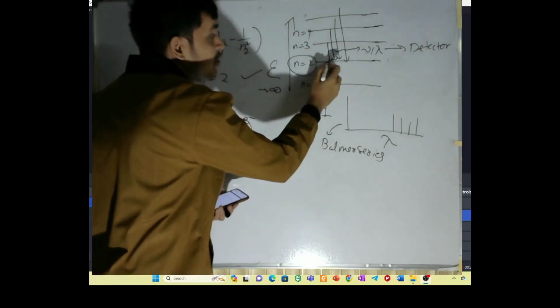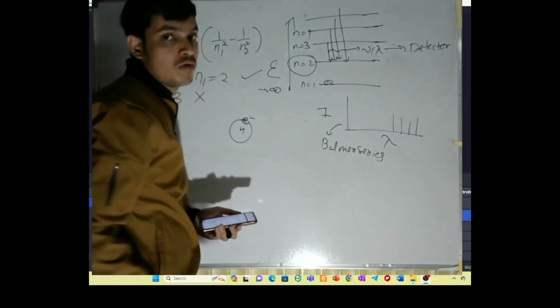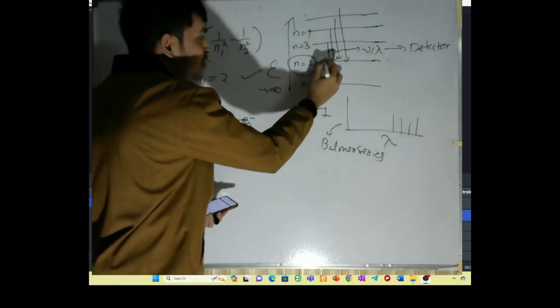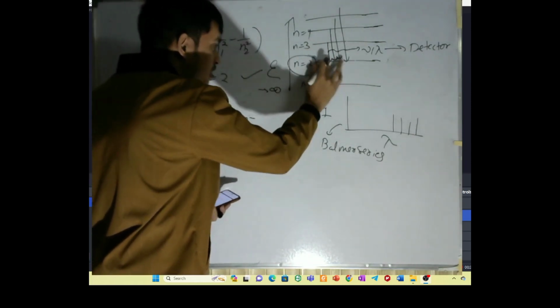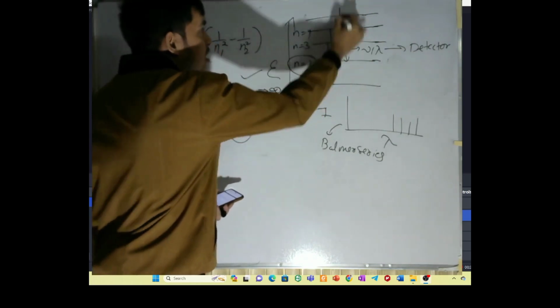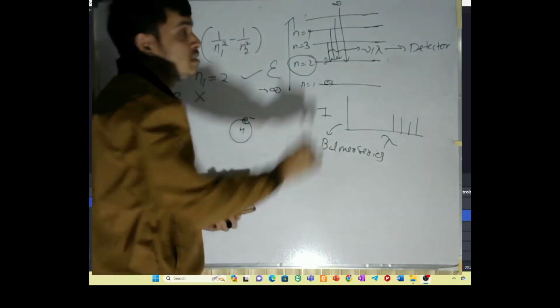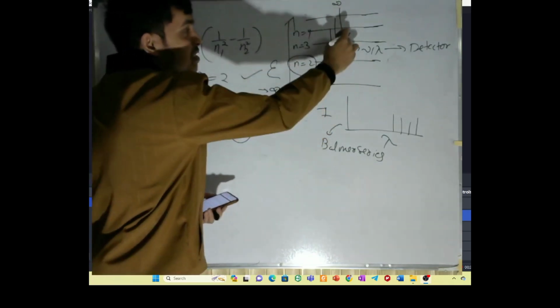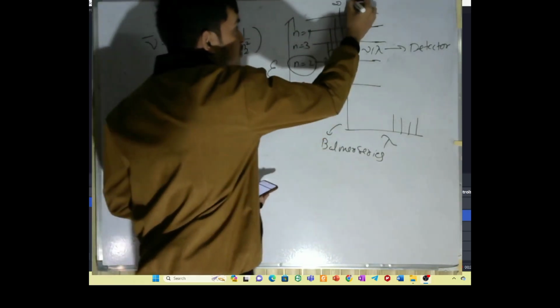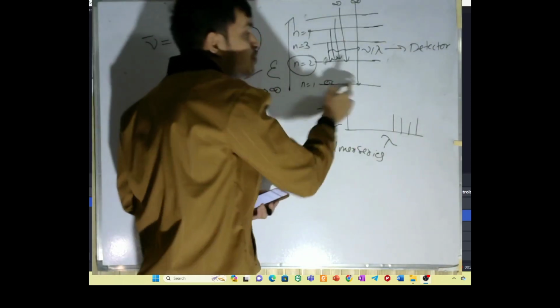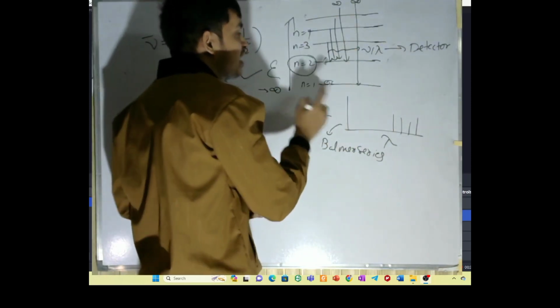But here our n1 is n is equal to 2, so that is fixed. Let's suppose this wavelength comes from infinity to this one, then also we cannot calculate ionization energy from this, because only if it comes from infinity to n1 = 1 can we calculate ionization energy.